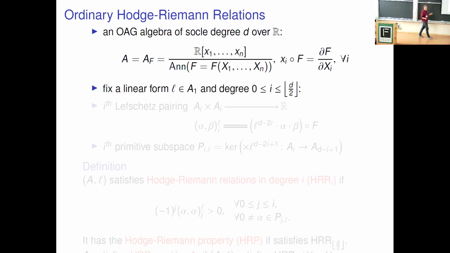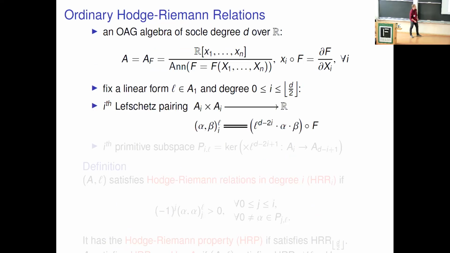First, before I talk about mixed, let me talk about ordinary. So I have an oriented Artinian-Gorenstein algebra with some Macaulay dual generator F, and let me fix a linear form L in the ring, and let me fix some degree i between 0 and half the socle degree, floor. So we can define the ith Lefschetz pairing. This is a pairing between the degree i piece and itself. How does it work?